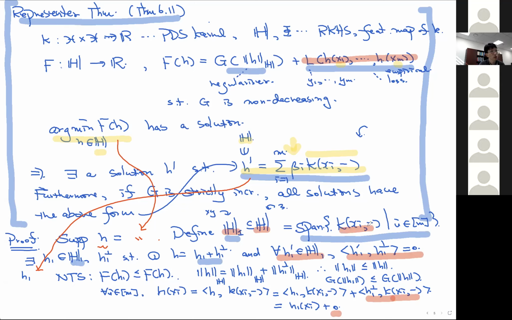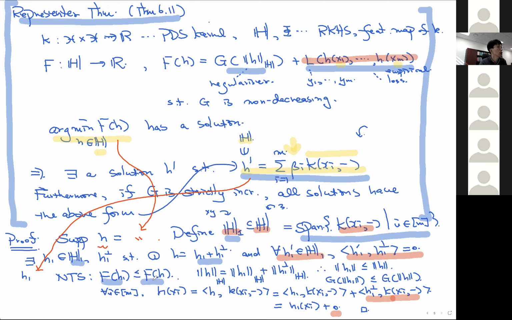So their inner product has to be 0. We have just shown that as far as inputs xi are concerned, h and h1 behave the same. So for the empirical loss, h and h1 will produce the same value. That's why we have this inequality, and that implies h1 is also an optimal solution.